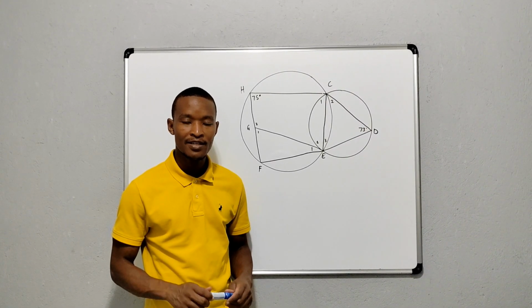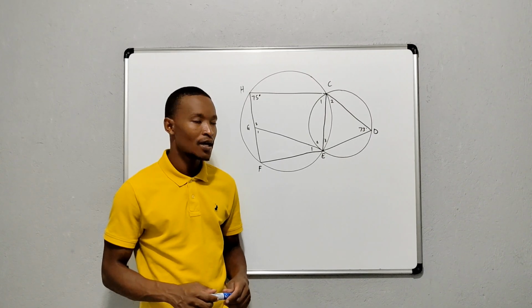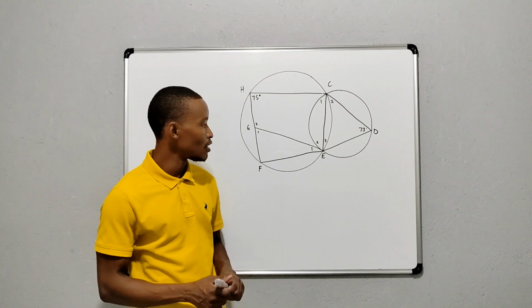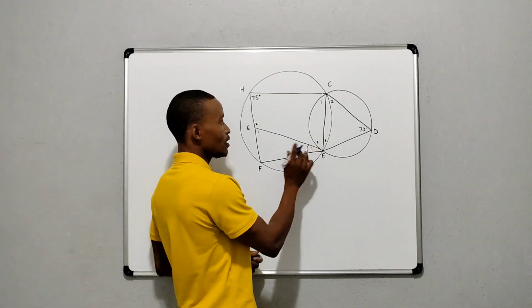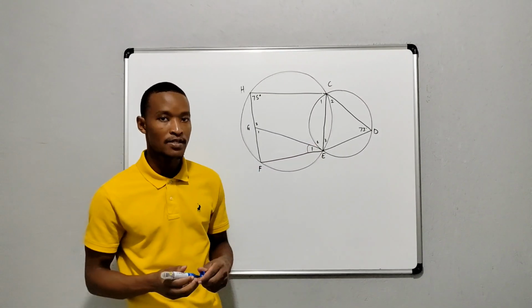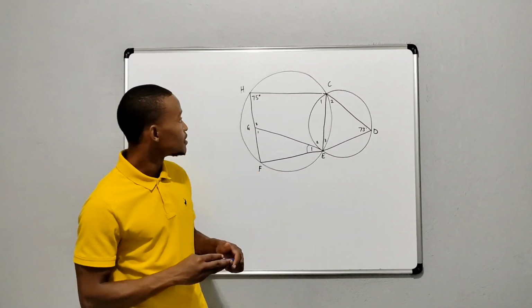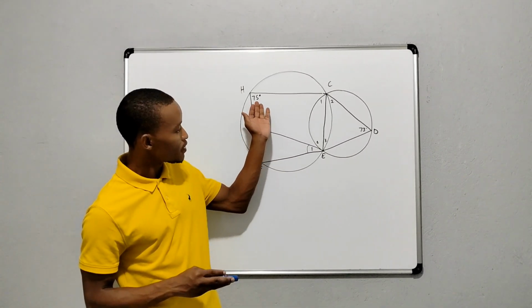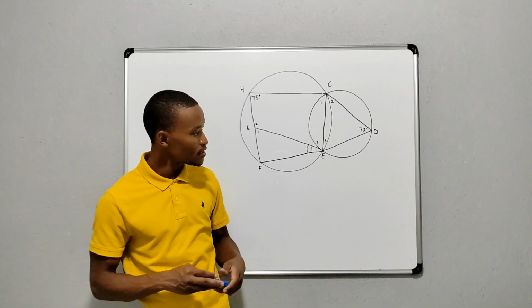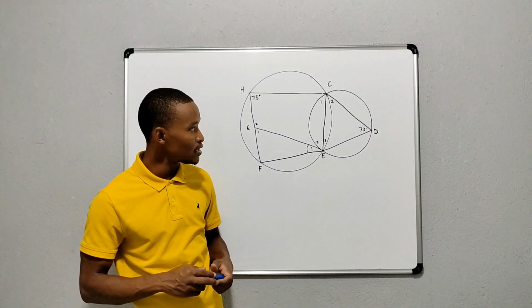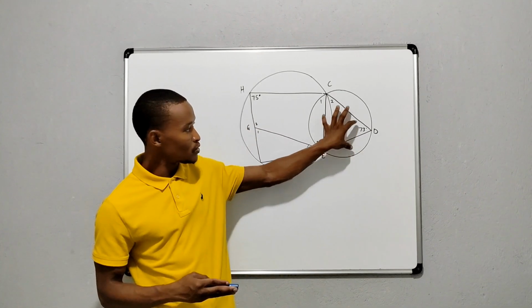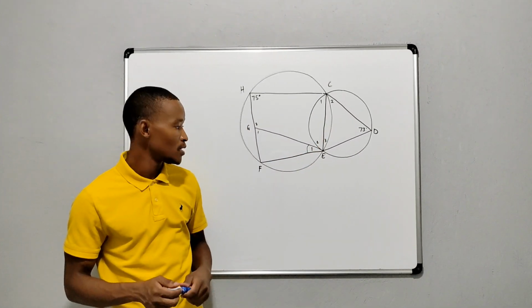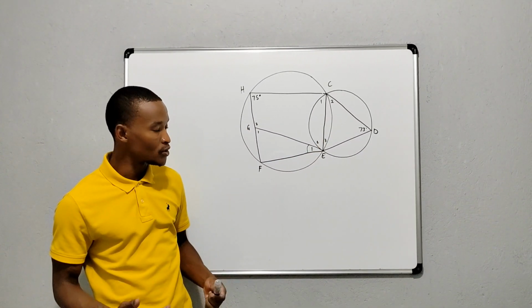Alright, so in this video we are asked to calculate the magnitude of angle E1. We're given 2 circles of different sizes and some angles here. We have 75 degrees at H and 73 degrees at D, and we are told that GE is a tangent to the smaller circle. So how can we go about doing that?